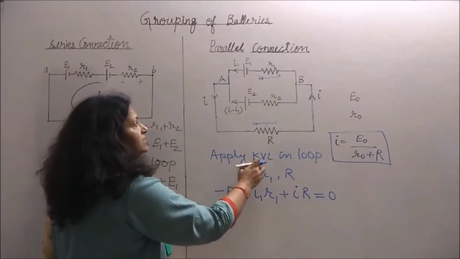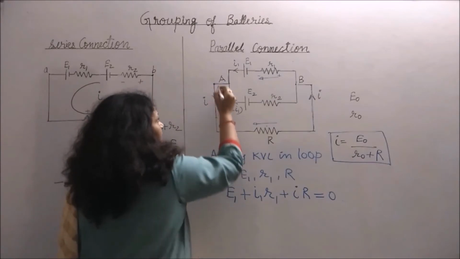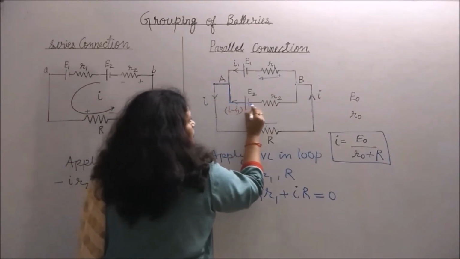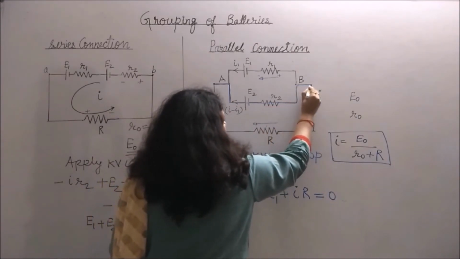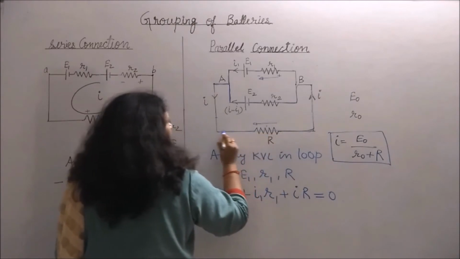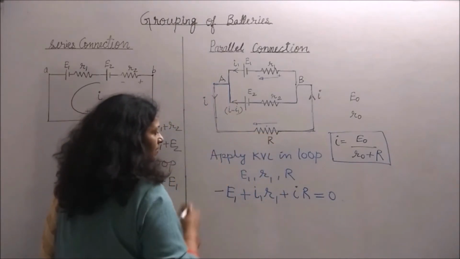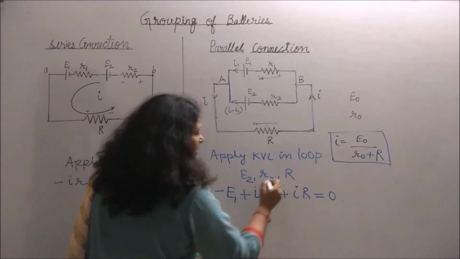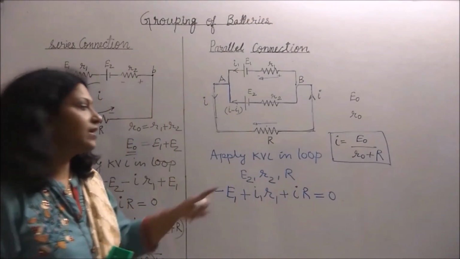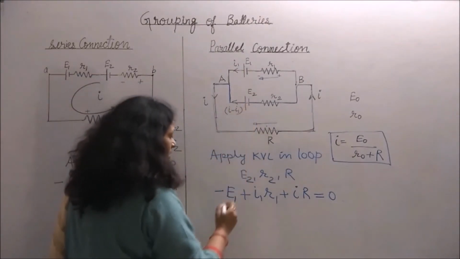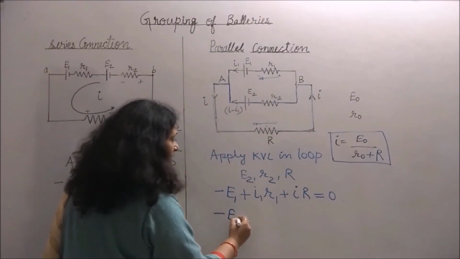Now apply KVL here in the second loop. Start from A, move in this direction, then through this R come back to node A. So here we will consider E2, R2 and R. Second time we will consider these three elements. Now start from E2, again minus sign will come.